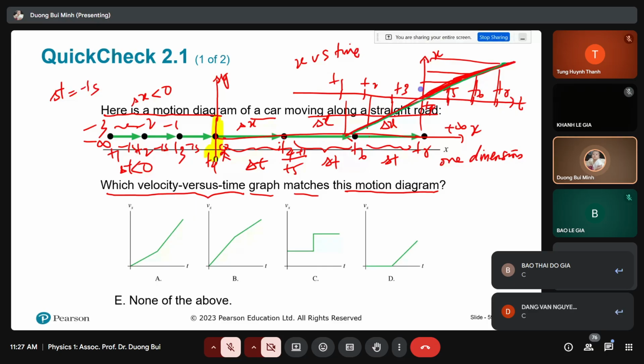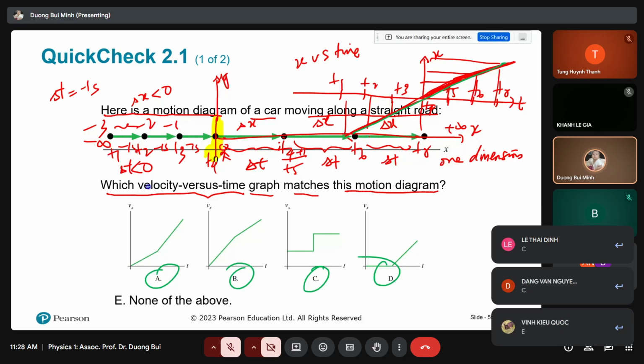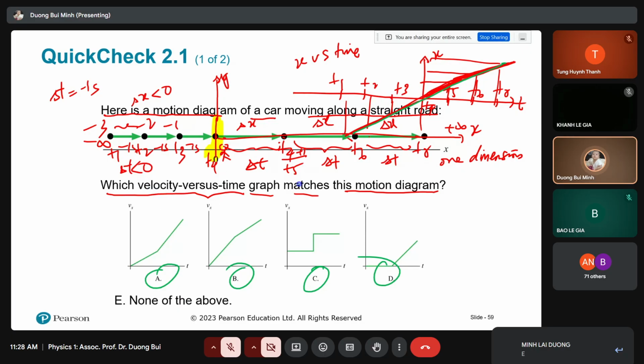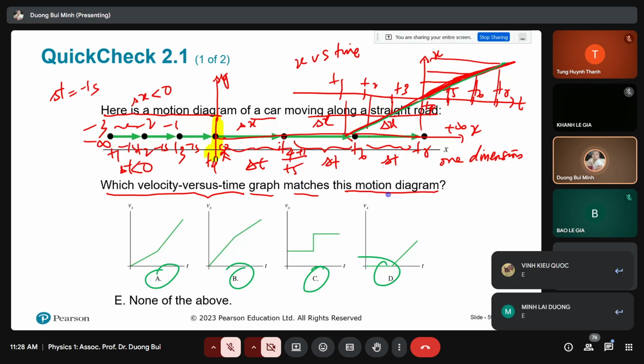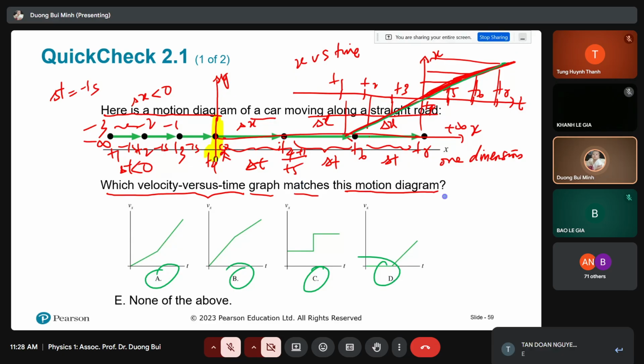Now A, B, C, or these, which one is correct if we consider velocity versus time graphs to match this motion diagram? Remember, 11:29, not 28.